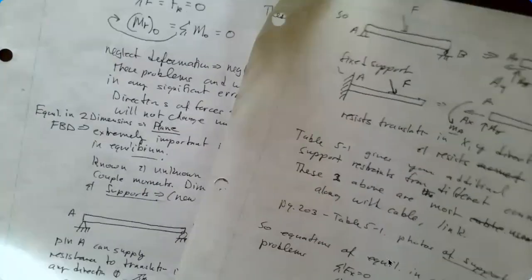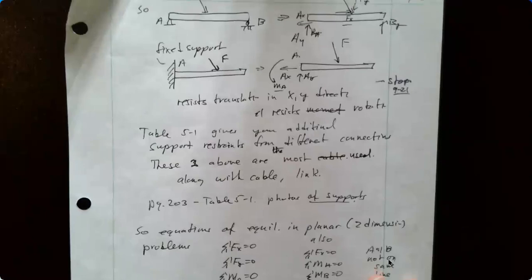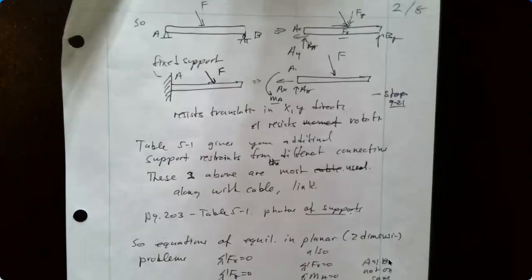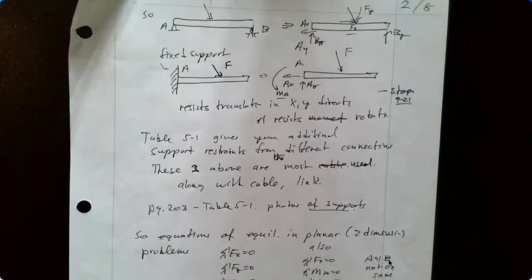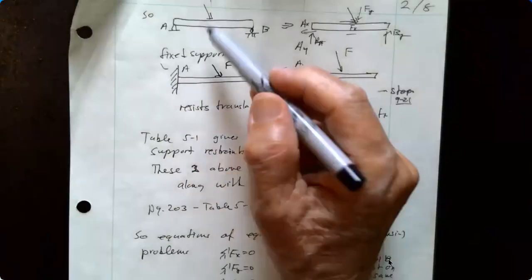So if we have a beam, I've got a beam. I labeled the support ends A and B. I applied a force, some angle up here.